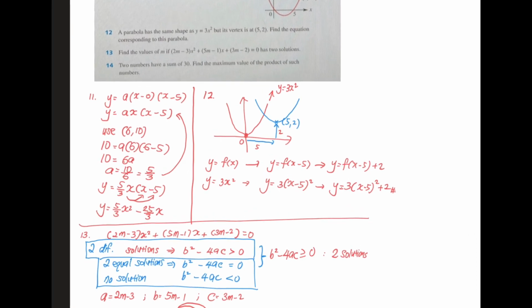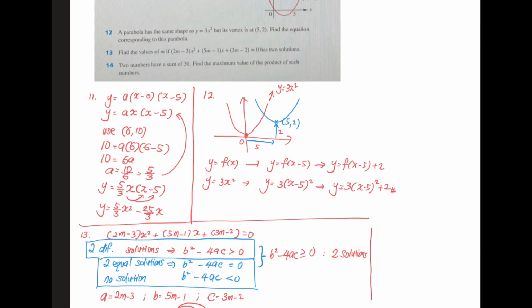Now let's move on. Question 14. As you can see here, the question says, two numbers have a sum of 30. Find the maximum value of the product of such numbers. Again, this is a problem solving question.